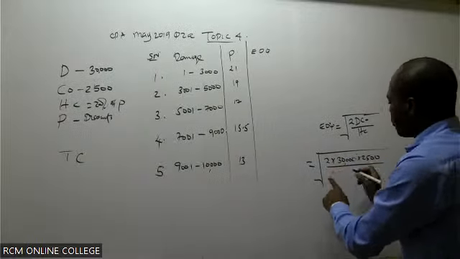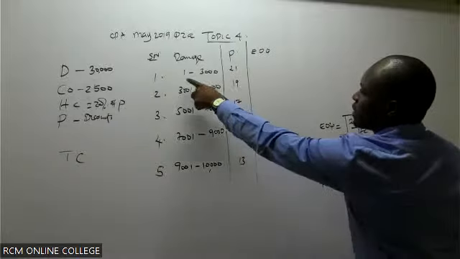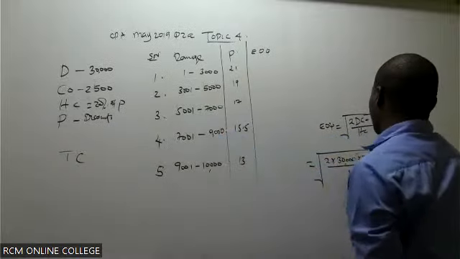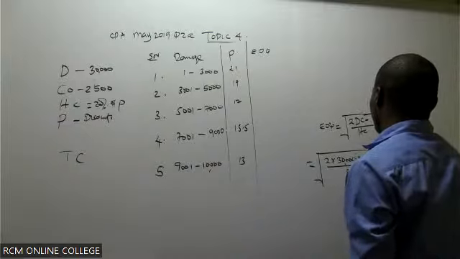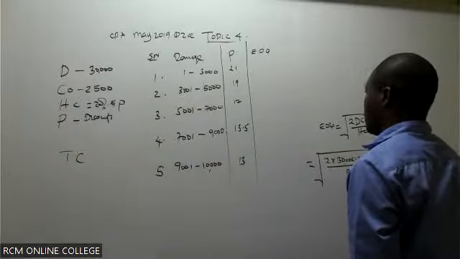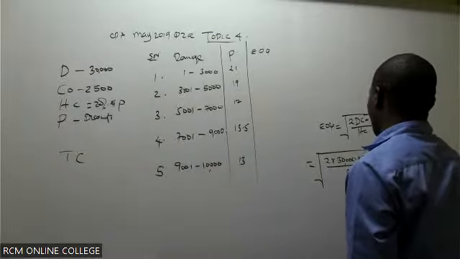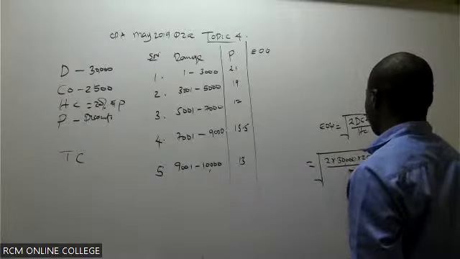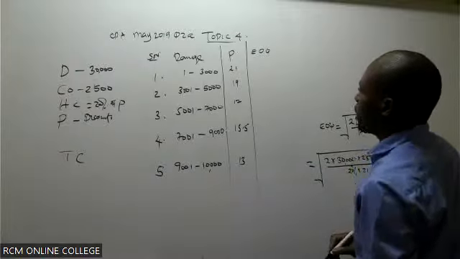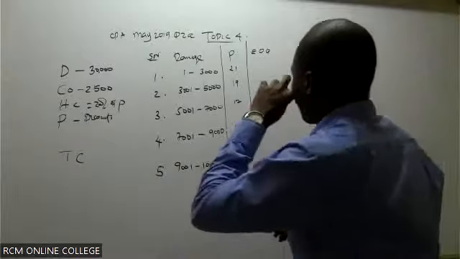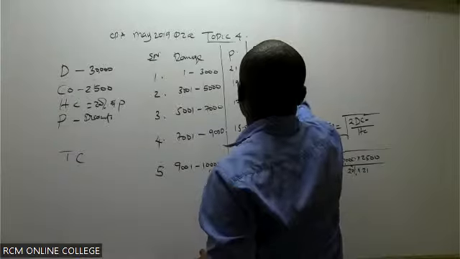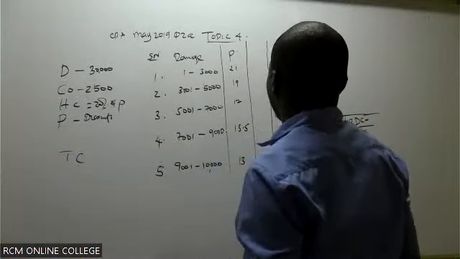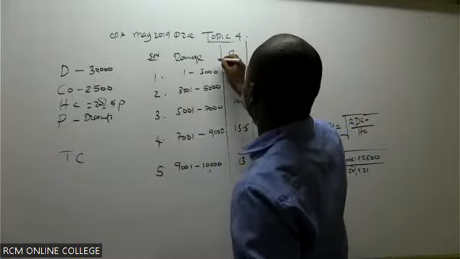So I will come here and put my holding cost. For the first one, I'm told holding cost is 20%, which is the same as 0.2 multiplied by purchase price, which is 21. Or you just put your 20%. I can decide to create space here for that holding cost because I'm going to use it somewhere.